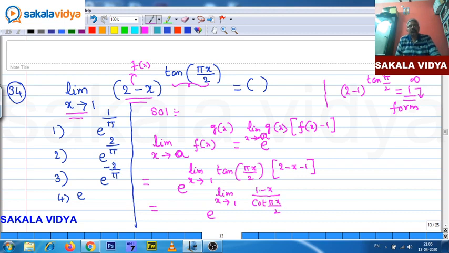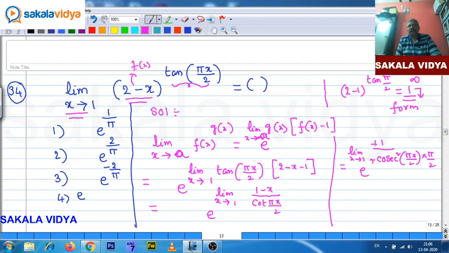Now, if you put the limit, you will get 0 by 0 form. You can apply L'Hospital's rule. Differentiation of 1 minus x is minus 1, upon the differentiation of cot, which is minus cosecant square of pi x by 2, into the differentiation of pi x by 2, which is pi by 2. Here e to the power of limit x tends to 1.